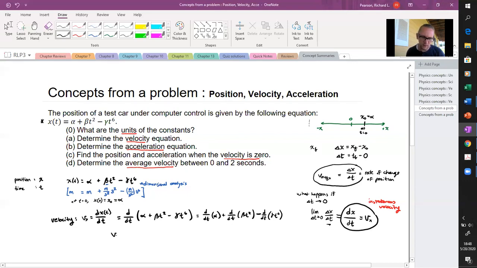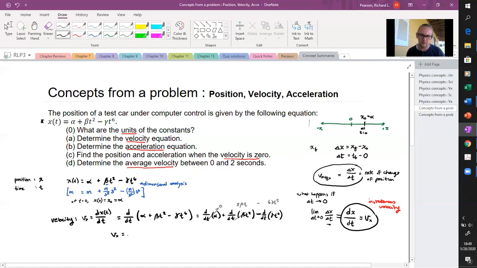And we end up with the alpha goes away, because the alpha is not dependent on time, so that goes to 0. This becomes 2 beta t, and this is 6 gamma t to the 5th. Can't forget that negative though.